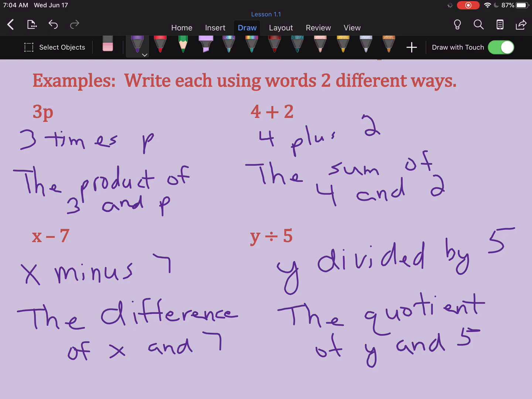You could say 7 less than x for x minus 7, but in all my years of teaching Algebra 1, using more than, using less than, they tend to cause problems because 7 less than x is not the same thing as x less than 7. Order matters with subtraction. My recommendation is don't use less than. Just simply state whatever it is as simply as you possibly can.